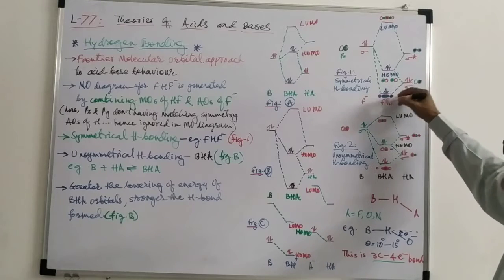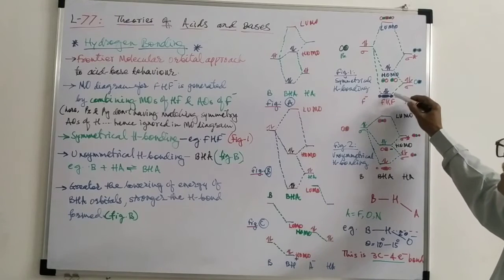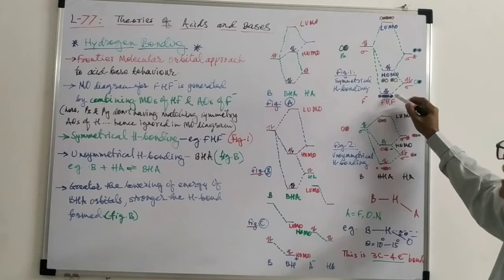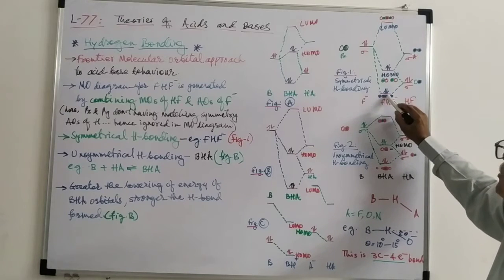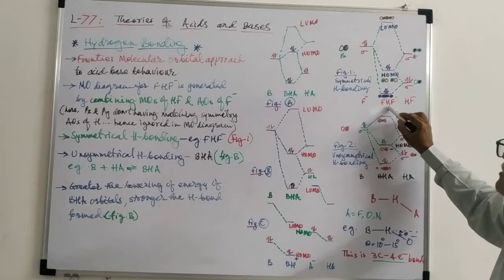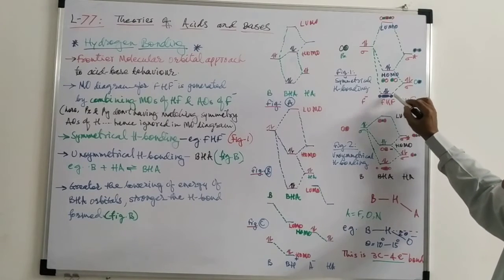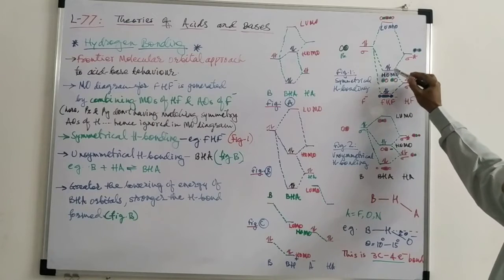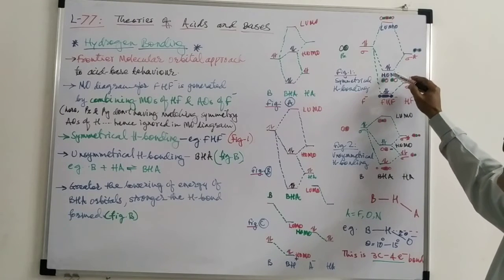After linear combination, you will find that the resulting molecular orbitals are of sigma nature: this is the sigma bonding molecular orbital of FHF minus, and this is another sigma molecular orbital, which is the HOMO.